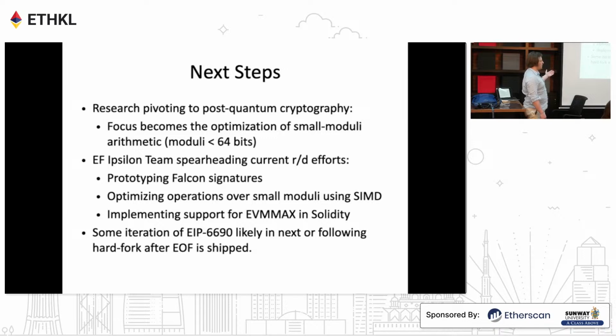So we have to wait for EOF. EOF is shipping in the next hard fork. The Epsilon team has taken over the task of spearheading the current R&D efforts on this. I know they're prototyping. Something else to say is, yeah, we're adding BLS. We're adding SECP256R1. And beyond that, I don't know.